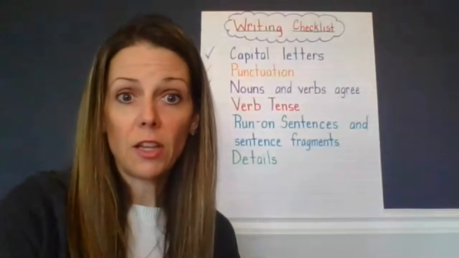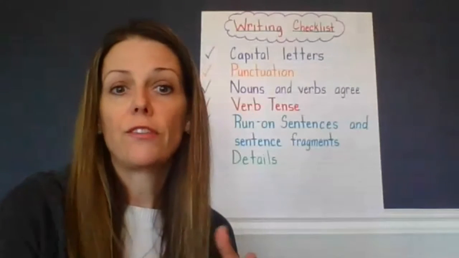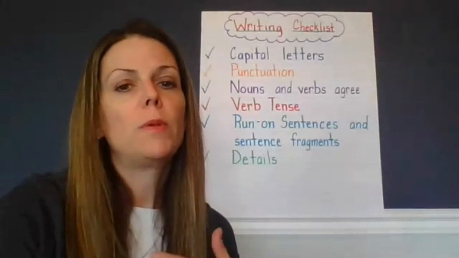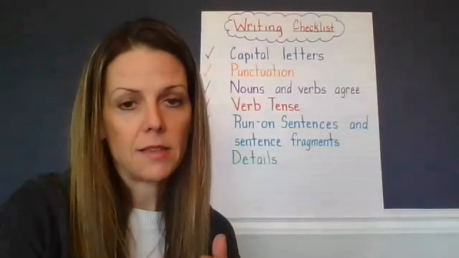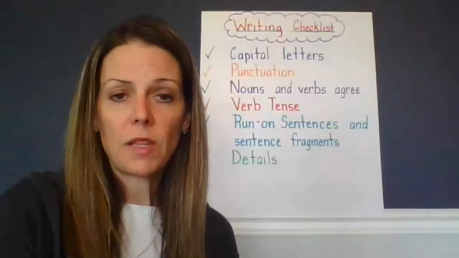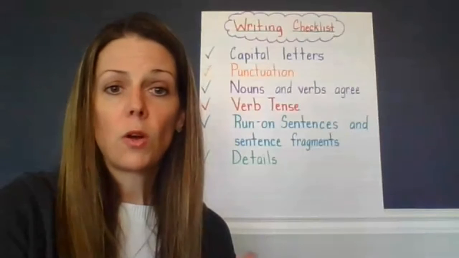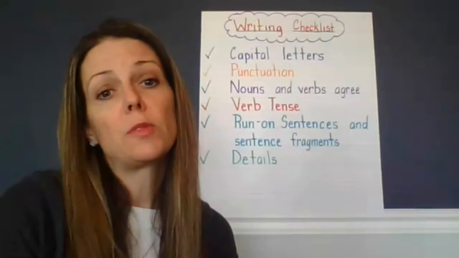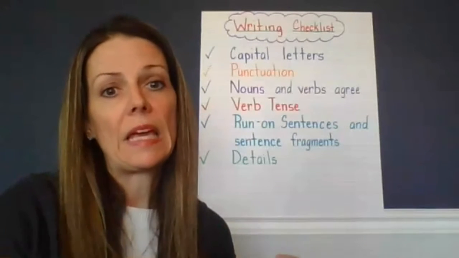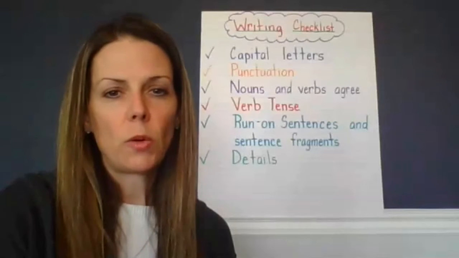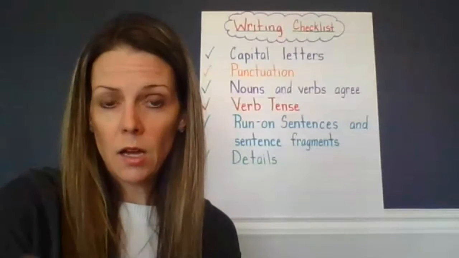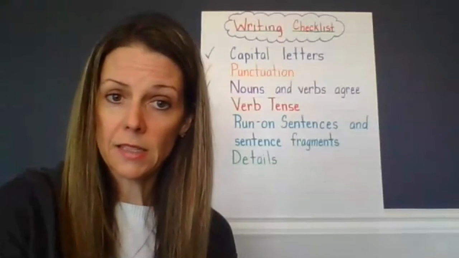A lot of times on regular verbs, it ends in ed. So if the verb was walk, it would be walked in the past. If I'm writing about something that's continually happening or going on right now, we would call it the present tense. So your verbs in your writing need to all be in the present tense. If our verb is walk, walk is the present tense.